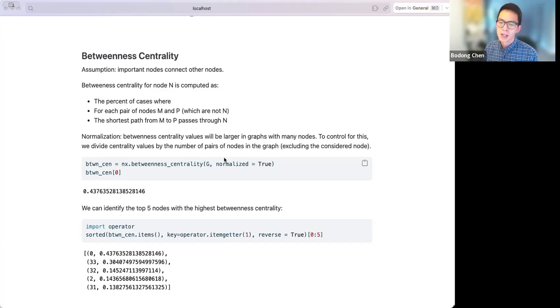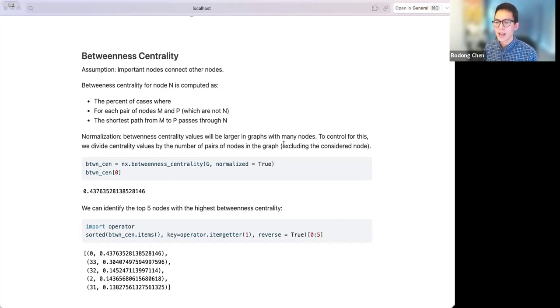But one important thing I want to mention is that betweenness centrality in many cases needs to be normalized, because the larger the graph is, the more nodes you will have. As you can imagine, the betweenness centrality can grow because a node can be on the path of more nodes if there are more nodes to be connected.